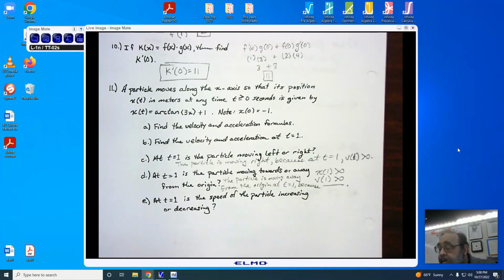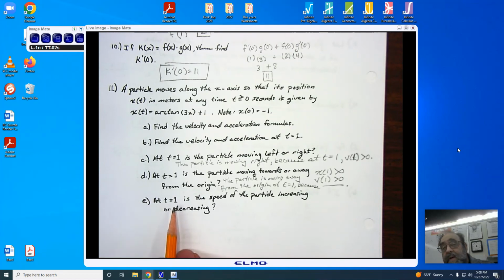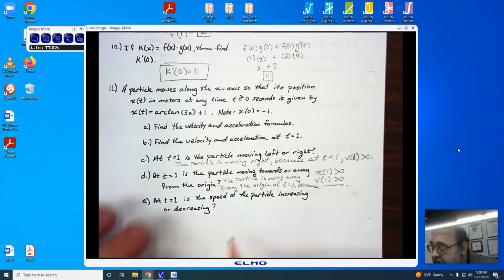Speed works with both acceleration and velocity. Since the velocity at 1 was greater than 0, but the acceleration at 1 was negative 54/100 meters per second squared, or a negative, we know that the speed is decreasing. This is because we are looking at opposite signs for the acceleration and velocity.